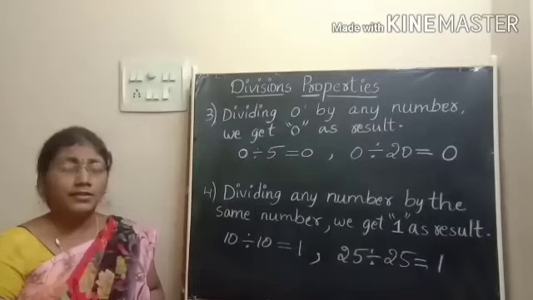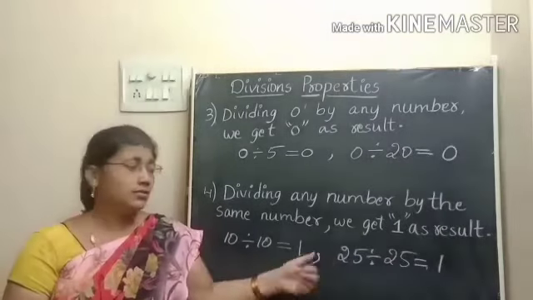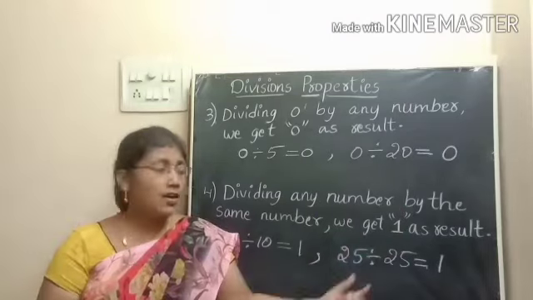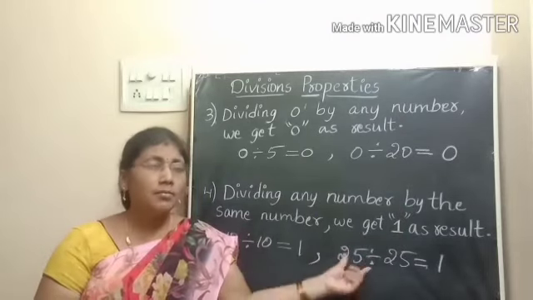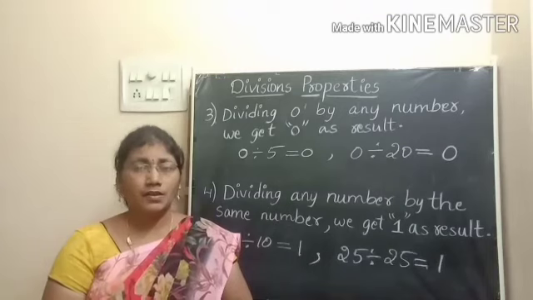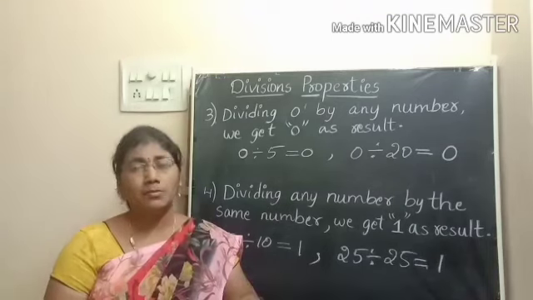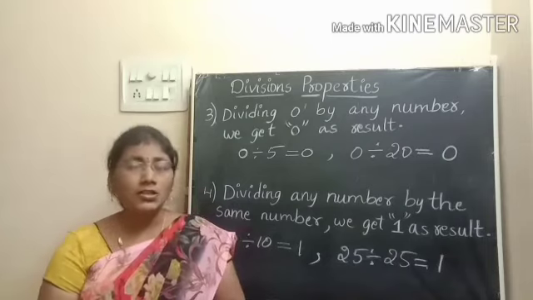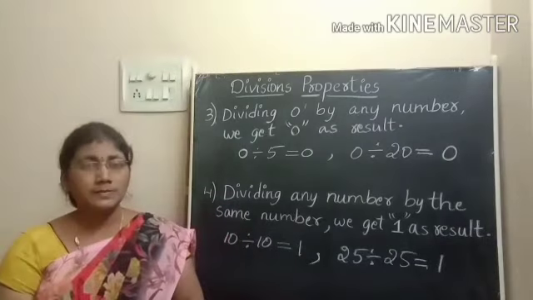Understood, children? Here, we are dividing the number by the same number. That's why we get 1 as result. These are the properties of divisions.